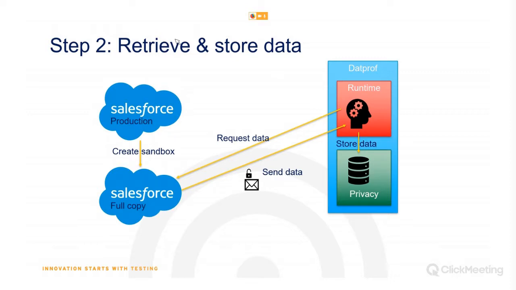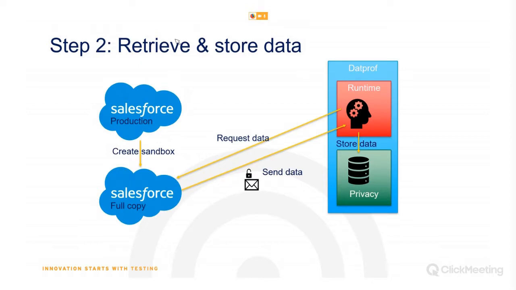And once it's there, we have a normal relational database, which we can alter. So we can run our privacy scripts to anonymize the data which is in there, or to create subsets, or to combine those things, or do some additional scripting.